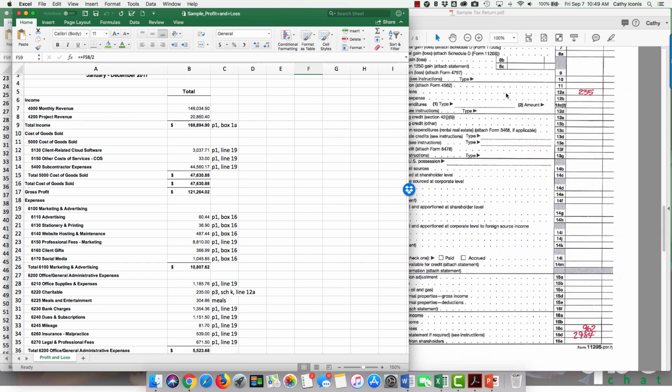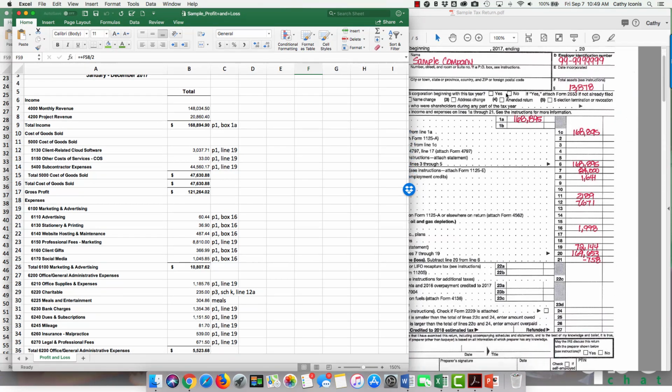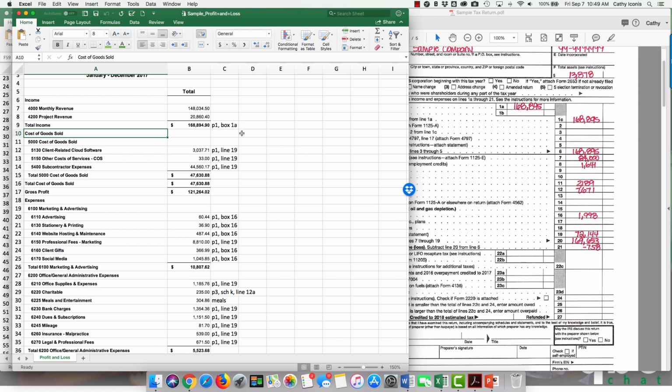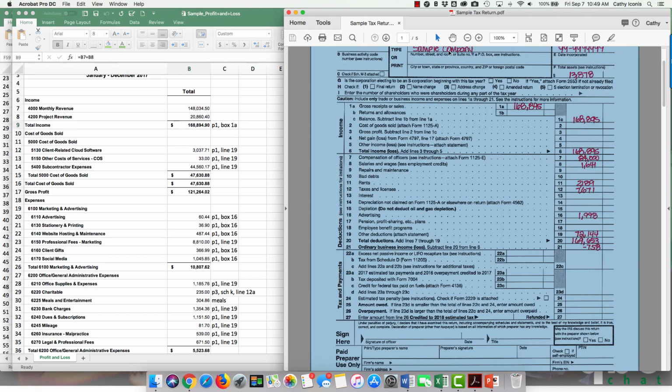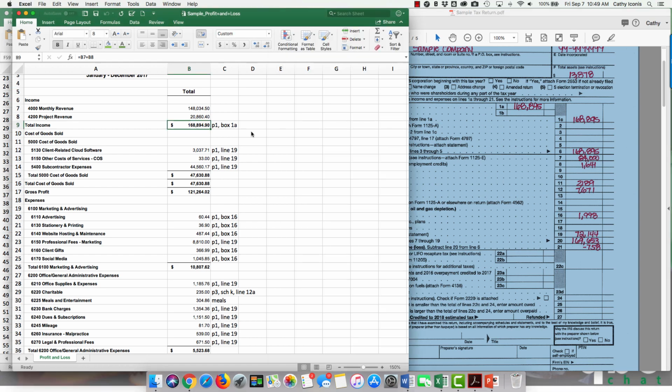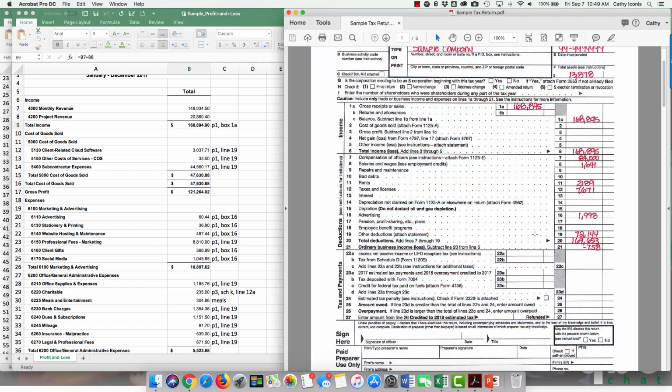And we go up here on the P&L, and we're seeing how these all match out. So again, it's the same thing. This is the first page of our 1120, and 168, 168. Page 1, line 19. Let's see which that one is. This is other deductions.